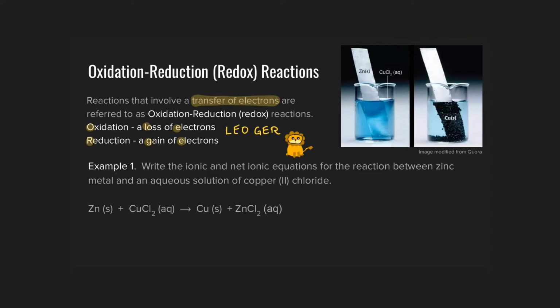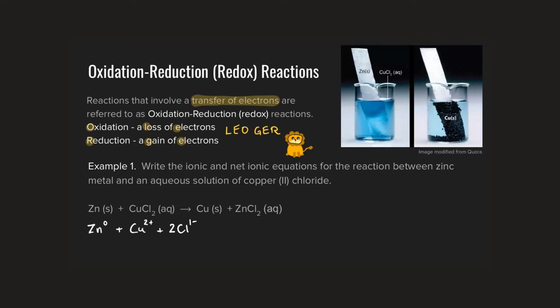We have our zinc solid, and I'm going to abbreviate that as Zn with a little 0 up above, showing that it is zinc in its elemental state. That is not a zinc ion. It has no net charge. And then the copper 2 chloride is going to dissociate in aqueous solution into a copper 2 ion, Cu2+, and 2 chloride ions, Cl-.